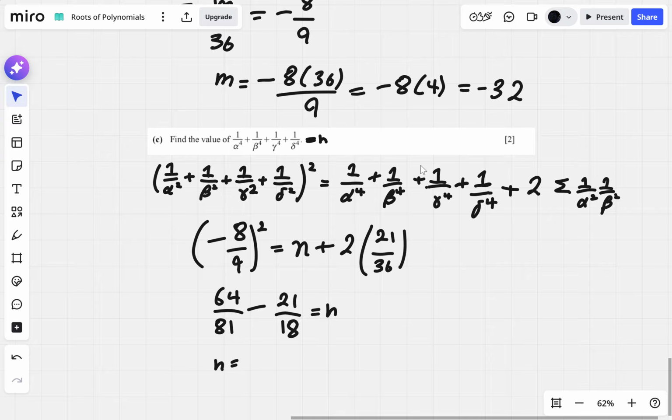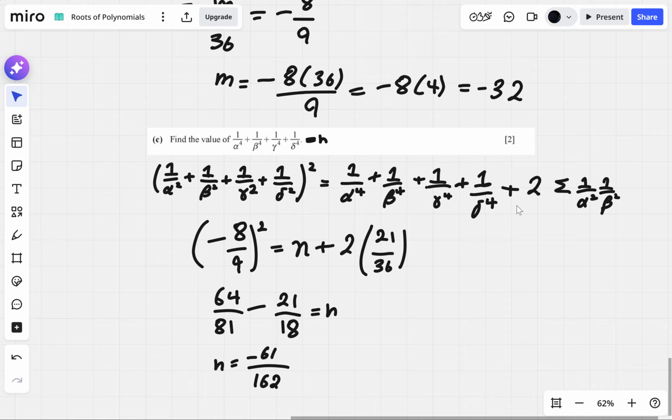For a quick calculation, I should really bring my calculator. Okay, with the calculator, this is 64 over 81 minus 21 over 18, which would be minus 61 over 162. 61 over 162, but negative. And this is our value of n.